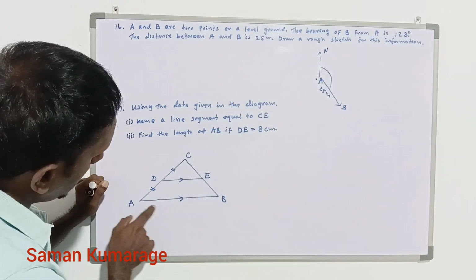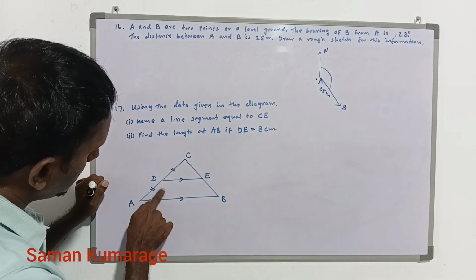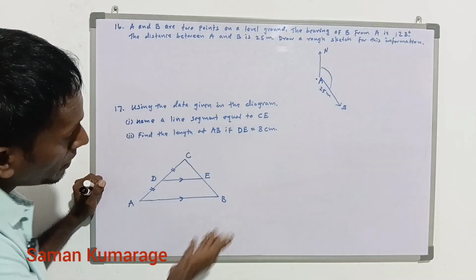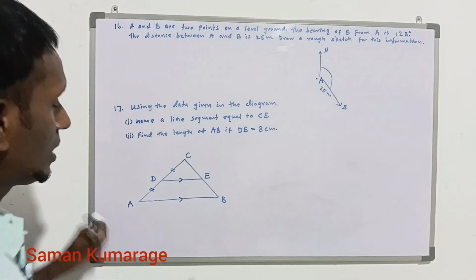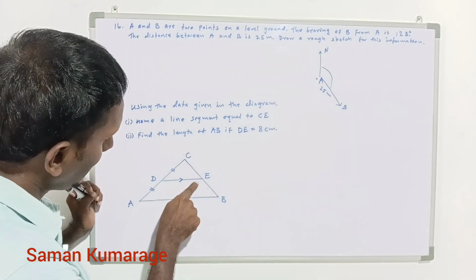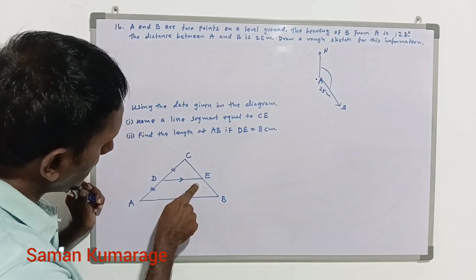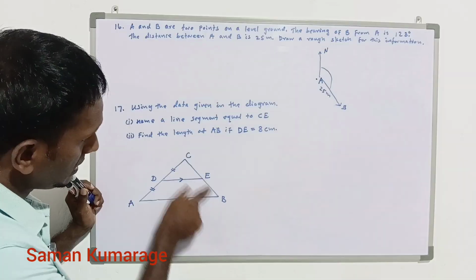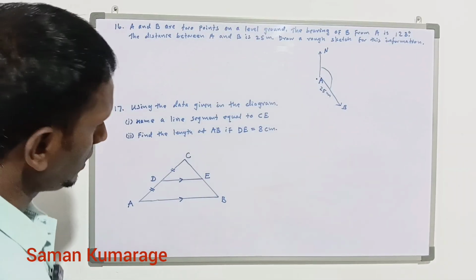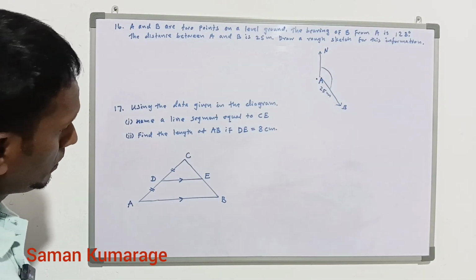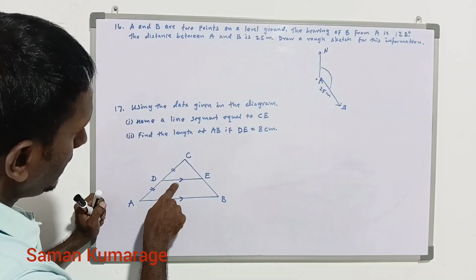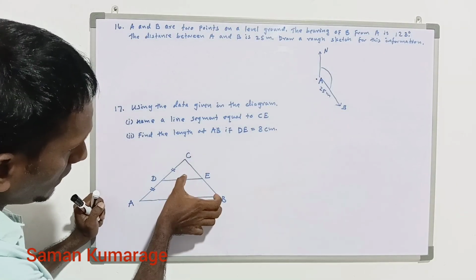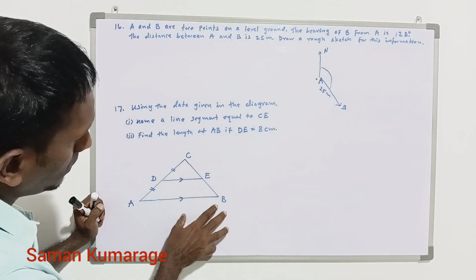parallel to another side, parallel to the AB side. It is given DE is parallel to AB, so it bisects the remaining side. So by the line DE, BC is bisected. Bisecting means dividing into two equal parts. So by the line DE, BC or CB is divided into two equal parts.